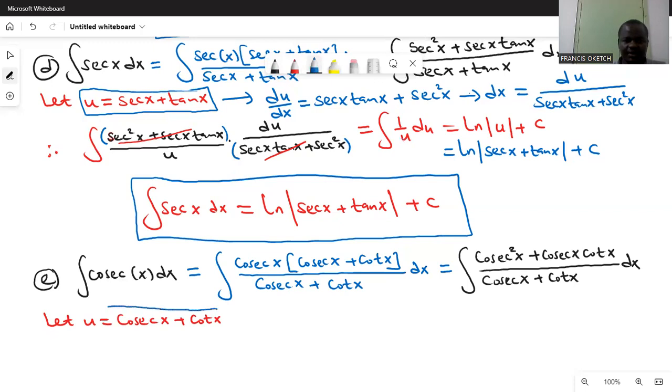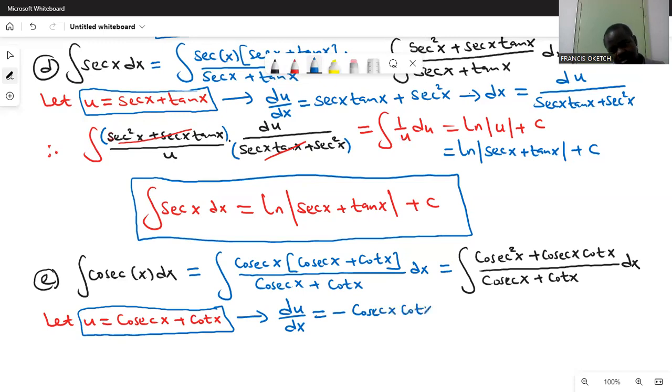Now let's find the derivative. What is du dx? This means that our du dx is the same as, when you differentiate cosec, you get negative cosec x times cot x. And what about when you differentiate cot x? You get negative cosec squared x. And so you can make dx the subject.